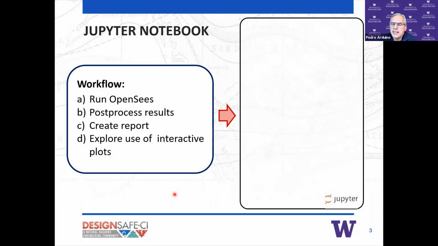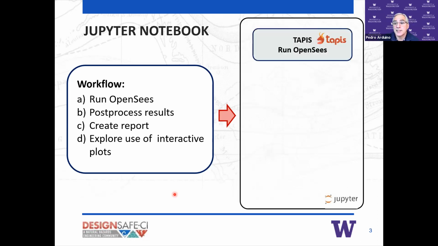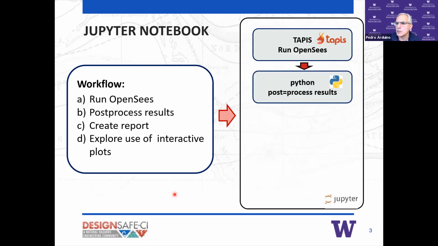In this Jupyter Notebook, I will need to run the OpenSees finite element analysis. For that, I will use one of these apps that Julia was talking about, implemented using the TAPIS infrastructure in DesignSafe. For the post-processing, I can use MATLAB, or I will be using Python.